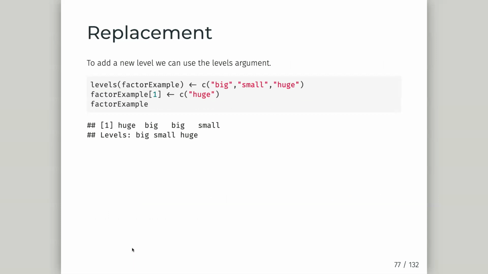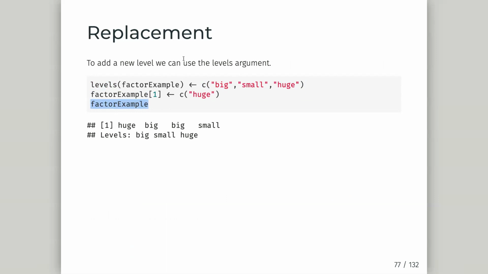What we can do, though, is at that point actually update the levels within our factor. So we can use this levels function not just to extract the levels, we can actually assign them. So here I'm going to reassign them, and I'm going to say big, small, and I'll add huge. Now, if I add huge to that first value, great, I can now use that as it is.